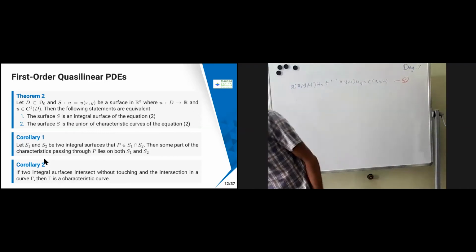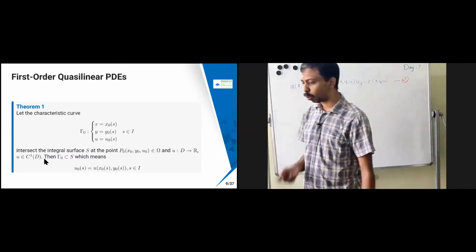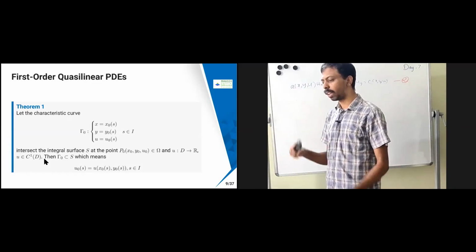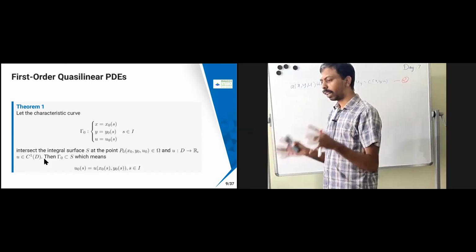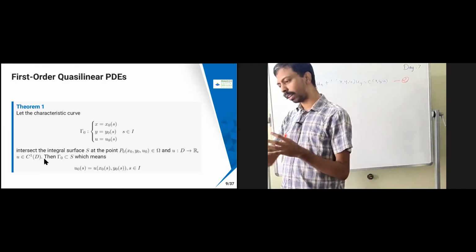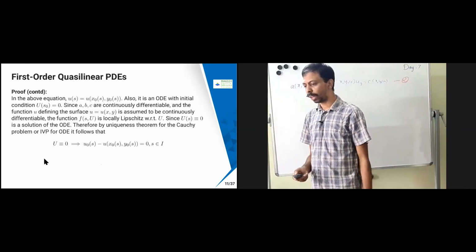Here, in the previous theorem, we took only one characteristic curve and the integral surface intersecting it. If it intersects, then gamma naught itself is a subset of S, as we mentioned. Now we are generalizing that.